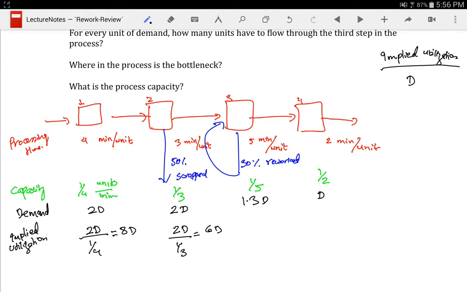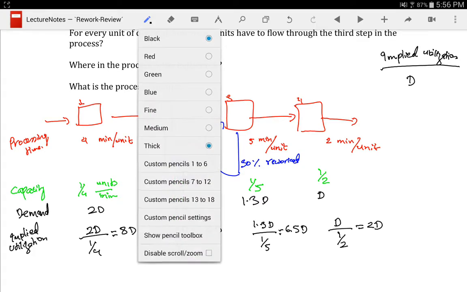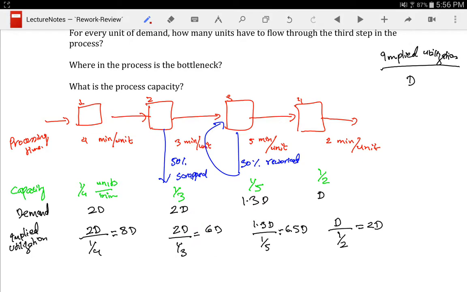This is 6D. Demand of 1.3D divided by 1/5 is 6.5D. Demand of D divided by the capacity of 1/2 is 2D. So, unlike capacity, the one with the highest implied utilization is the bottleneck. So step 1 is our bottleneck.